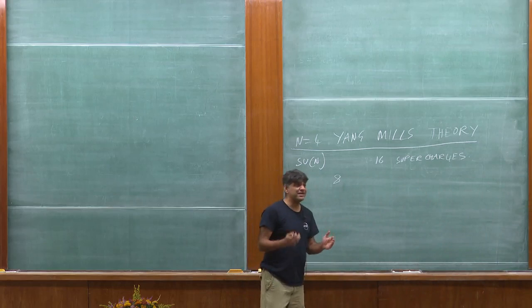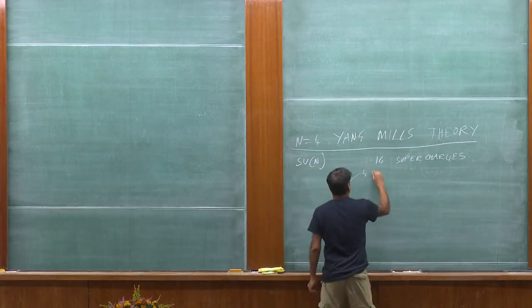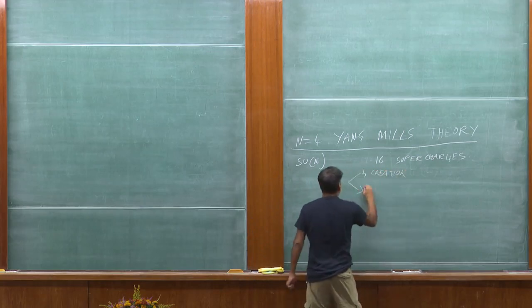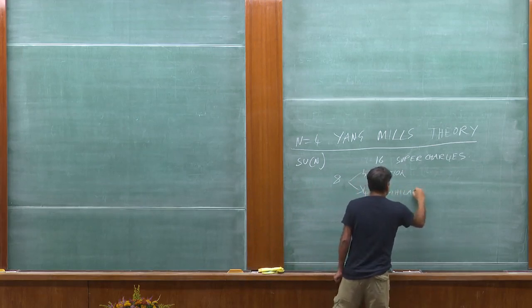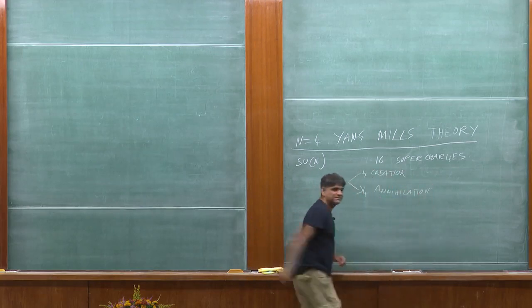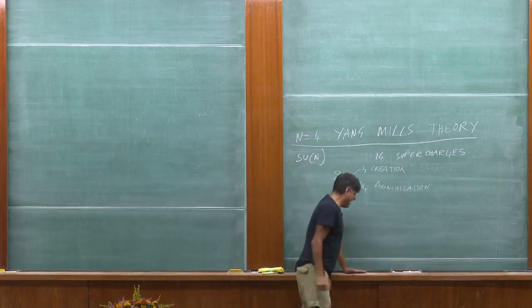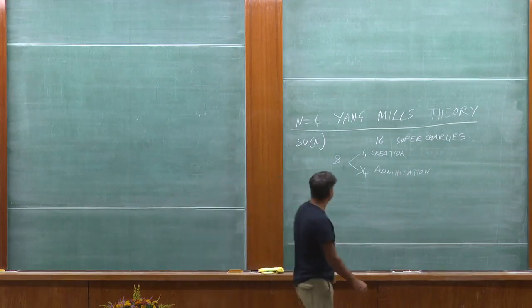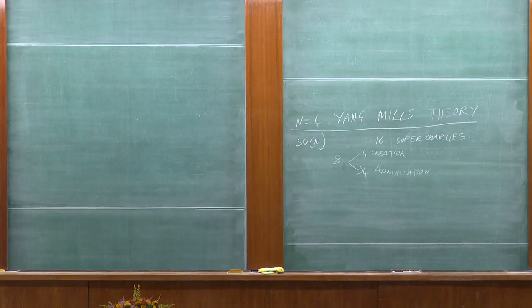These 8 we divide into 4 creation and 4 annihilation operators. We take a vacuum state that is annihilated by all the annihilation operators, and act on it with creation operators.